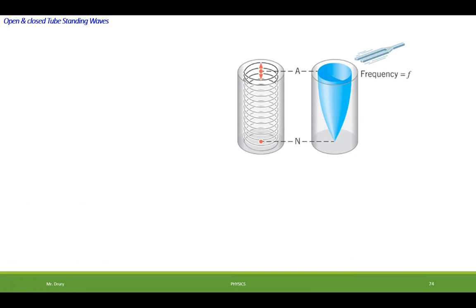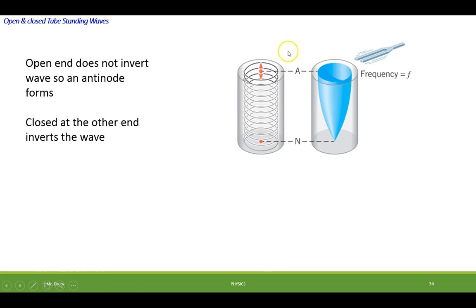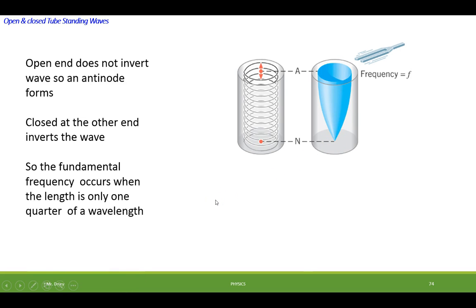Alright. Now let's talk about a closed tube resonator. A closed tube resonator is open on one end and closed on the other. The open end can't bring it together, so an antinode forms. In other words, it doesn't invert it. Closed, it inverts it, so a node forms.